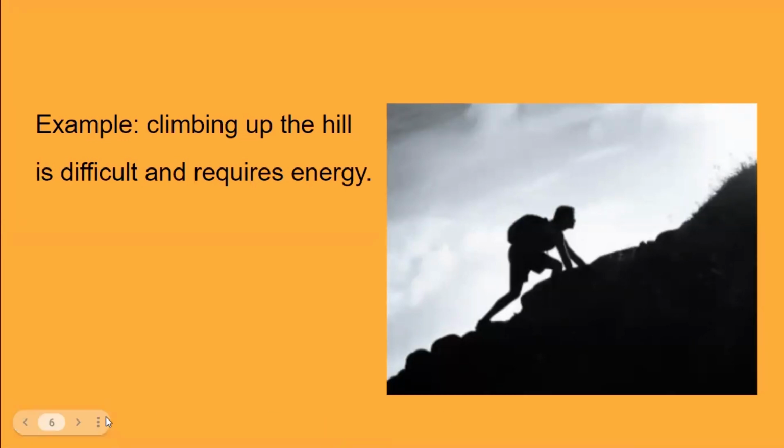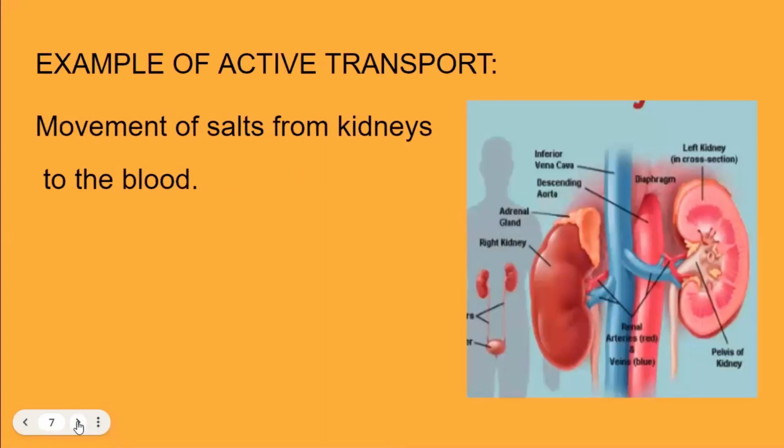You can see this person climbing up the hill. Even if you climb up the stairs or hill, you need lots of energy because you're going from a low height to a high height. Similarly, when the particles move from low to high concentration, they need lots of energy. So the cells have mitochondria, which have energy in the form of ATP, and that energy will be utilized for transporting the particles from low to high concentration.